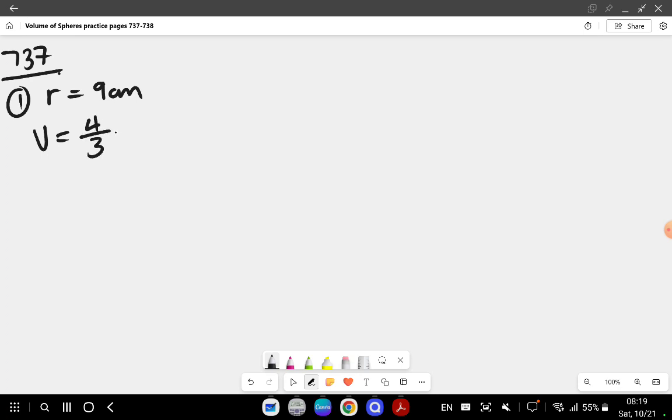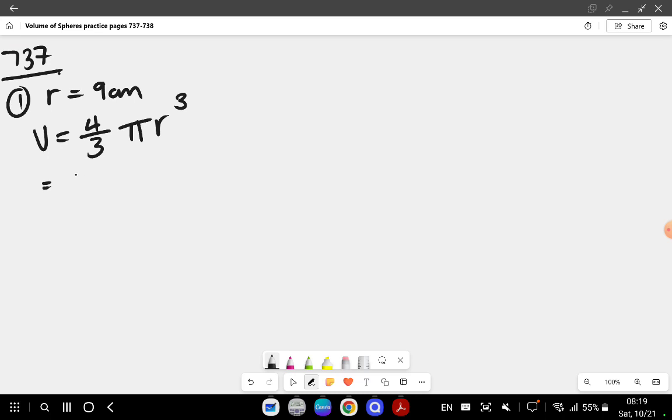Let's get started. So we're starting out on page 737. Our question is a word problem, or the question is presented in words. The first thing they tell me is that the radius is 9 centimeters. I know that the volume of a sphere is equal to 4 over 3 pi r cubed.